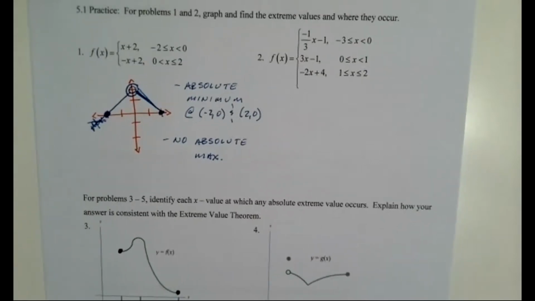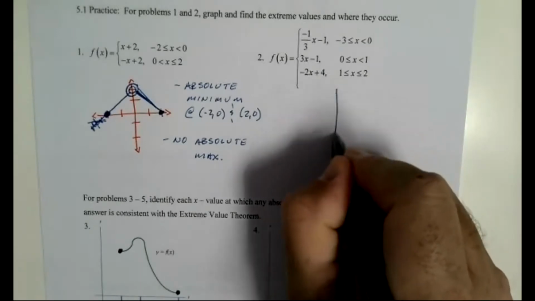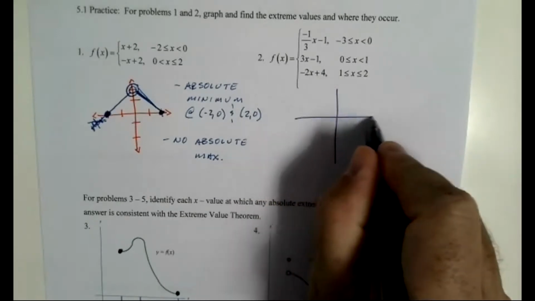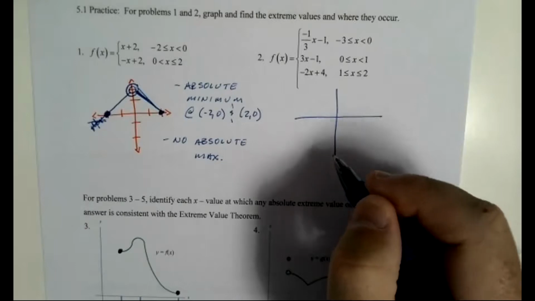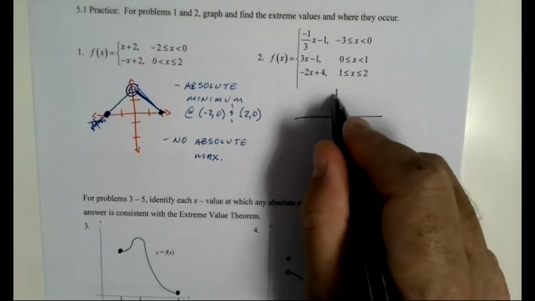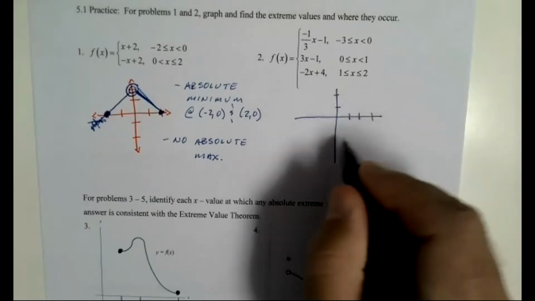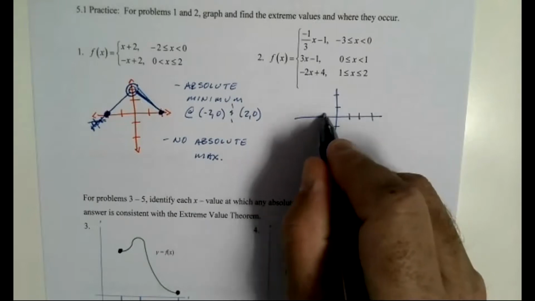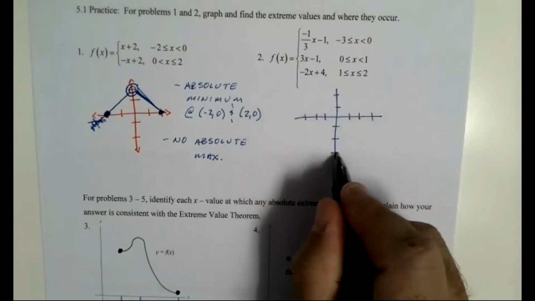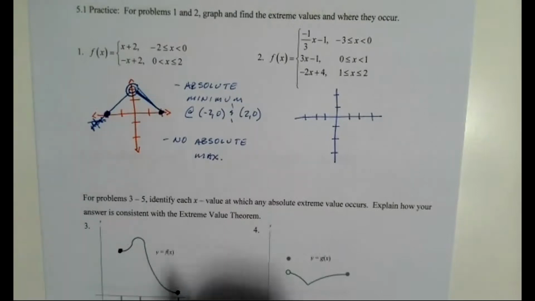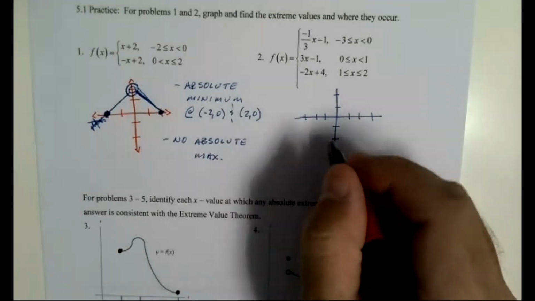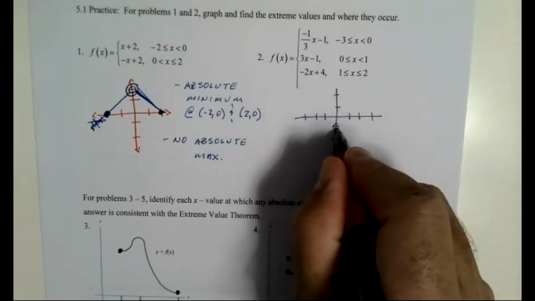Gotta graph this sucker. It's a little trickier. One, two, 1, 2, 3. And from -3 to 0, we hit at -1, but it's a hole.